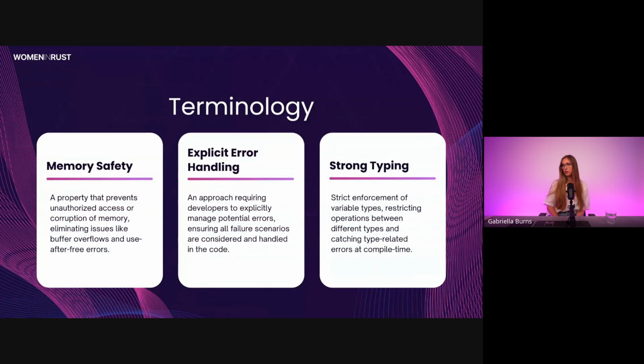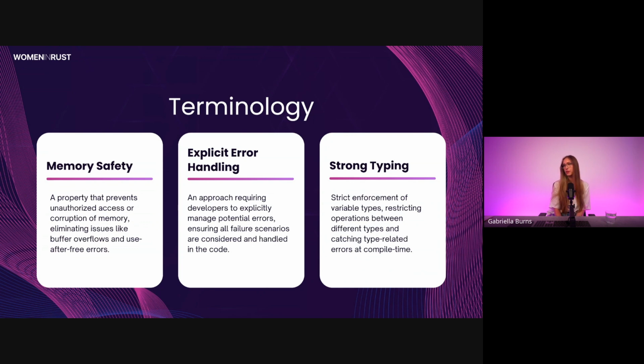So I'm just going to go over a little bit of terminology before we get started. We're going to talk about memory safety so much you'll be sick of it. It's a property that prevents unauthorized access or corruption of memory, eliminating issues like buffer overflows and use after free errors. Then we have explicit error handling.